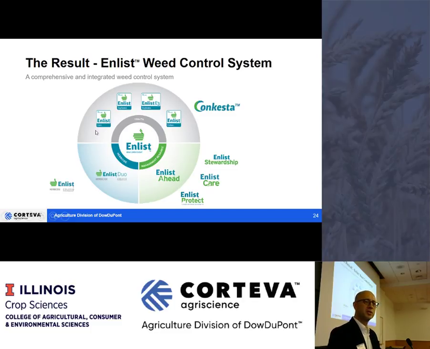There's a component on traits, and here you see represented three different crops: corn, soybeans, and cotton. This concept here is Conquesta, which we are deploying in Brazil. It's among the better pyramid soybean trait packages where we have insect control and herbicide tolerance all together for the Brazil market primarily.